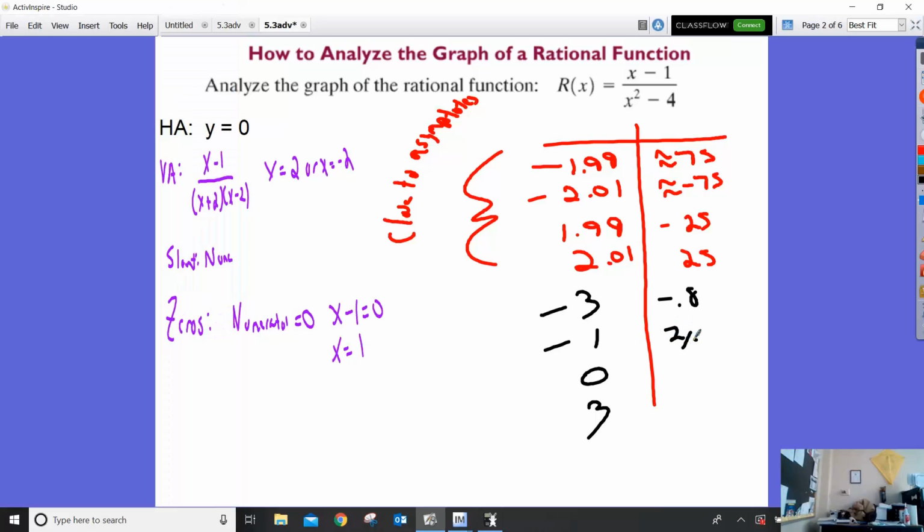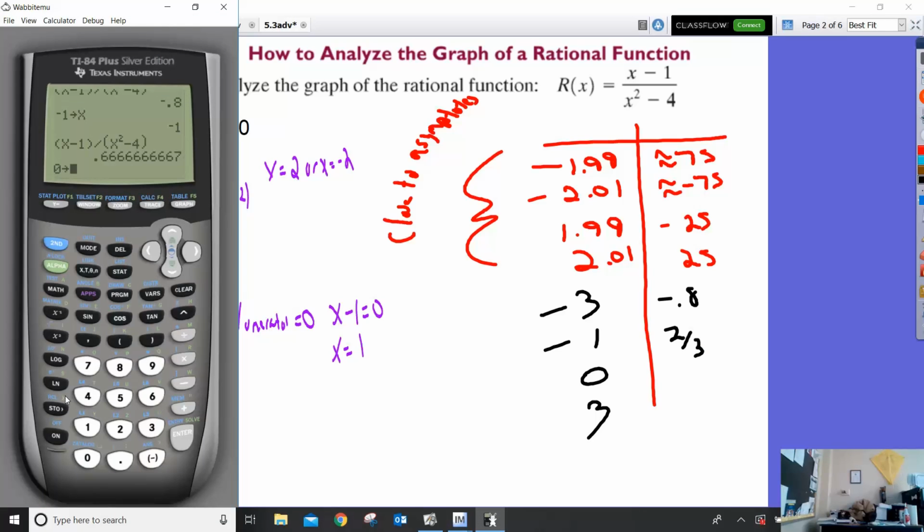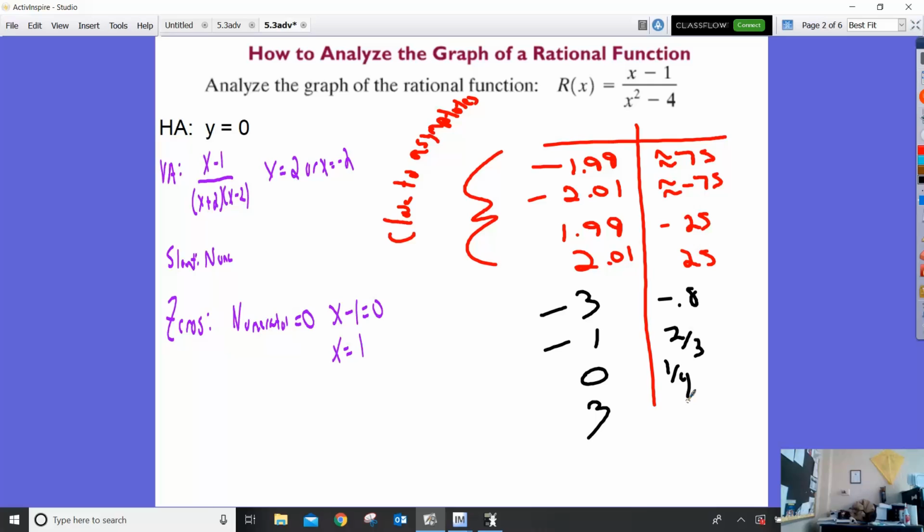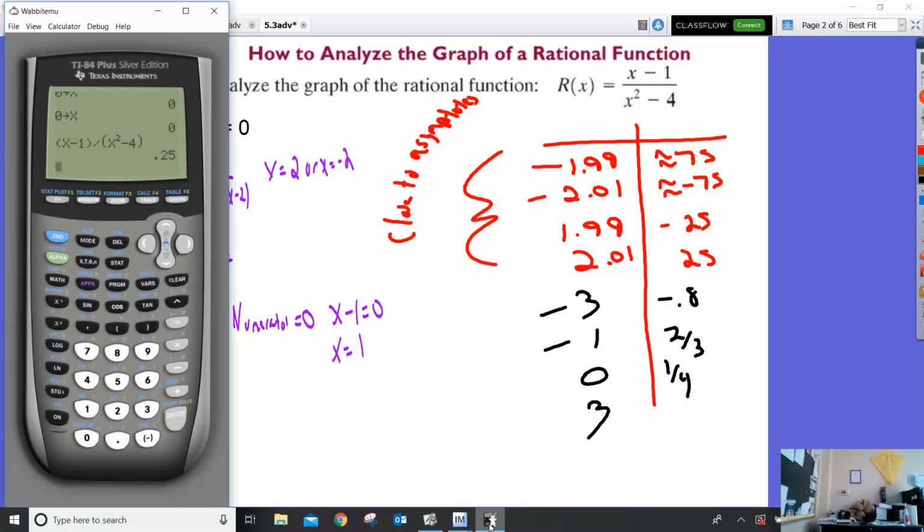There's 2/3. Here's my y-intercept. Quarter. 3 is hopefully getting close to the x-axis as well. 0.4.